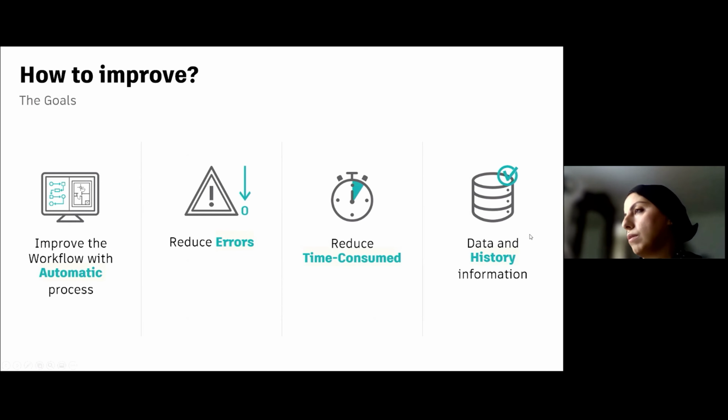So whenever there are changes, we need to see what are the changes over the life cycle of the project. We need to have all of this information. That's why we need to shift to automation procedure. And I guess that's it. Now I'm gonna pass it to Cristiano, I guess.